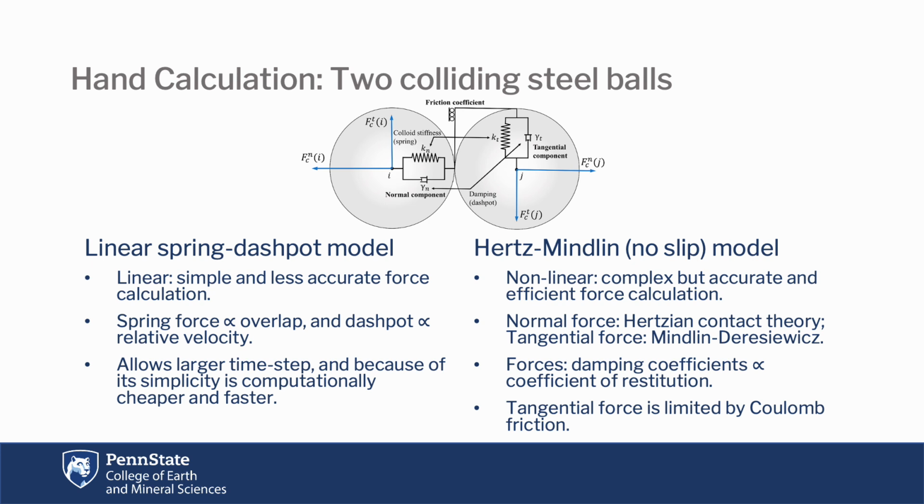The normal force obeys the Hertzian contact theory, and the tangential force obeys the Mindlin-Deresiewicz model from 1979. The damping coefficient is directly proportional to the coefficient of restitution, as we are going to see later, and the tangential force is limited by Coulomb friction. We're going to see that also later.